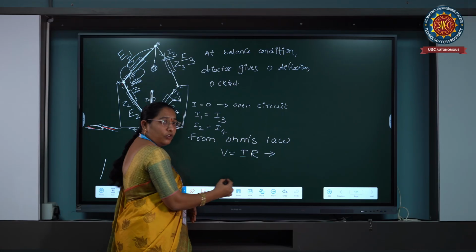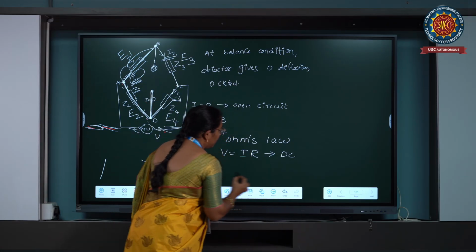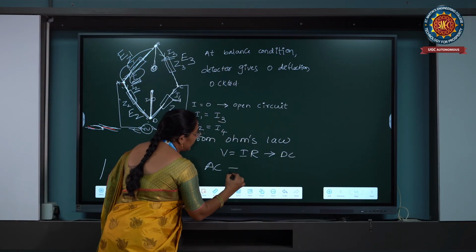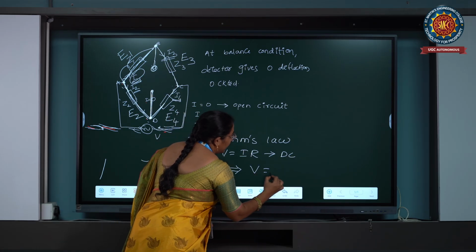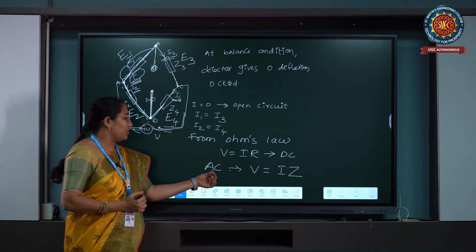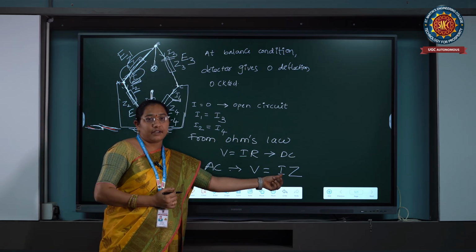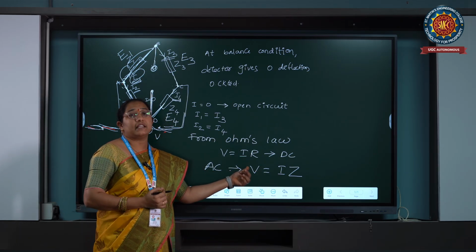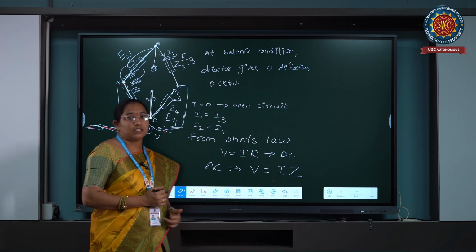It is used for DC. What about AC? In AC, V is equals to IZ. Why? Because here we are considering frequencies.